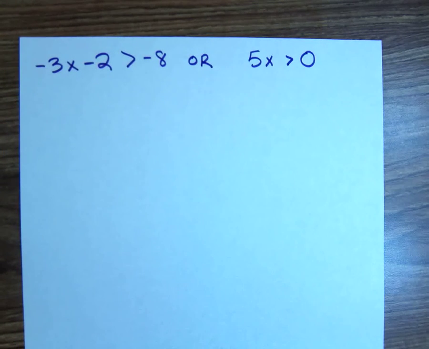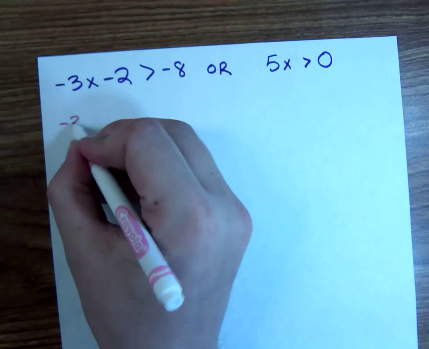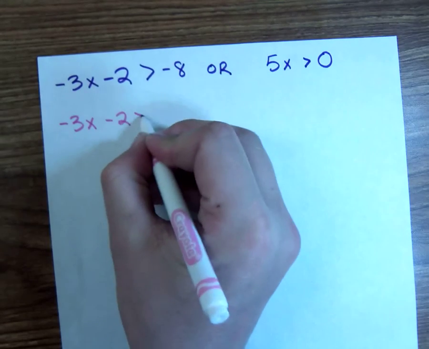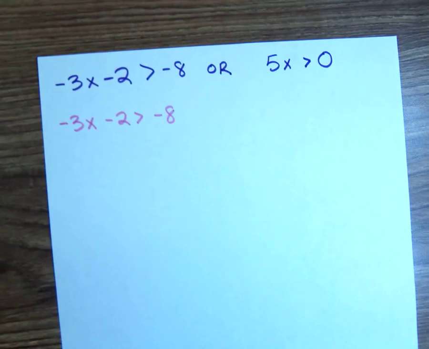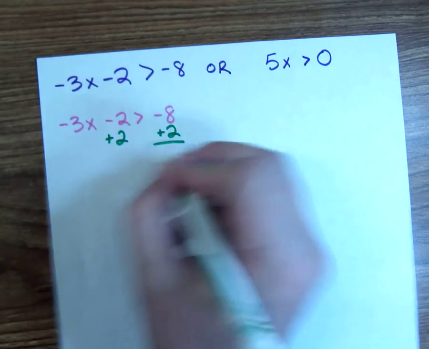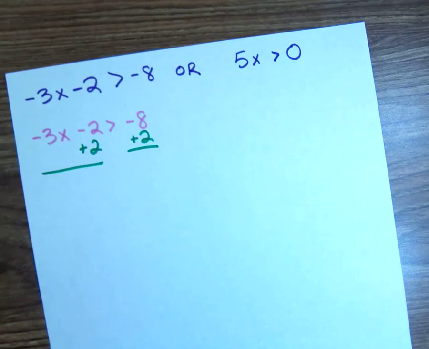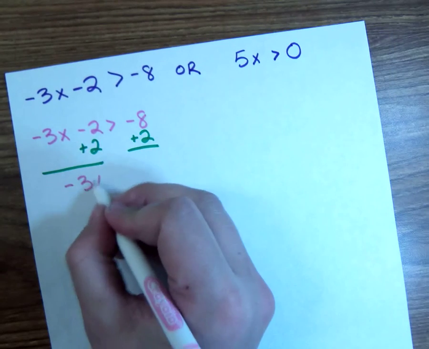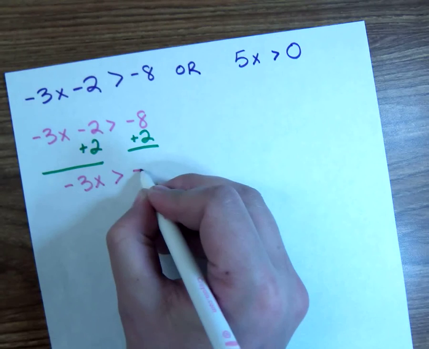All right, help me out. What do I do first? Add 2. That's a good idea. So over here, I'll do negative 3x minus 2 greater than negative 8, and I'll go ahead and add 2 on both sides. So that gives me negative 3x is greater than negative 6.